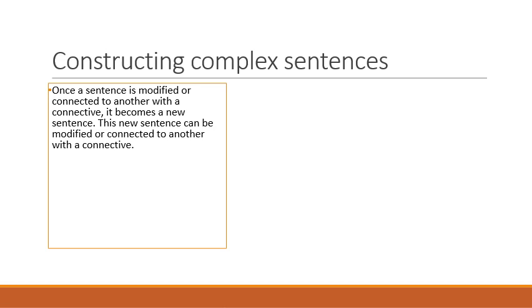So you can understand that new sentence as being a P. Again, P's can be stand-ins for any sentence with truth value. So this new sentence can be modified or connected to another with a logical connective. So this process can go on indefinitely.